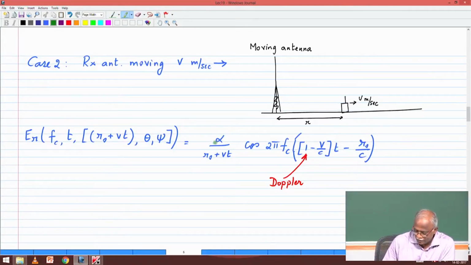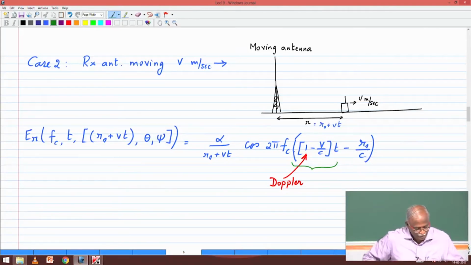So the received signal would be alpha divided by r naught plus vt. Basically, this is resolved into two components, r naught plus vt, and cosine 2 pi fc t. If you substitute for r in terms of r naught plus vt, we showed that you get an expression that clearly shows the introduction of Doppler shift into the system.